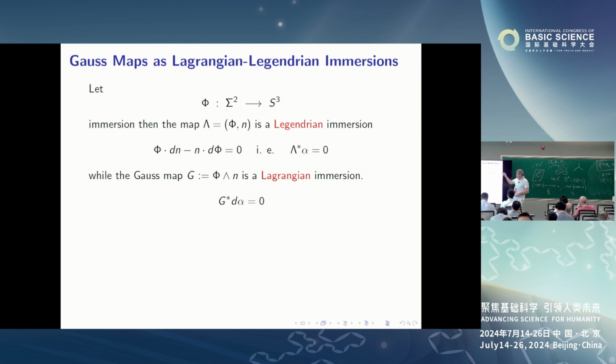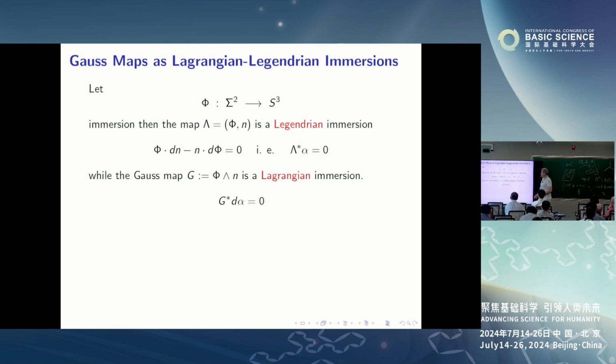Moreover, if you go downstairs at phi wedge n, when you forget about phi n and you wedge them, you become Lagrangian. And of course both are immersions. Both lambda and j are immersions. So now we are interested in studying Legendrian versus Lagrangian immersions.